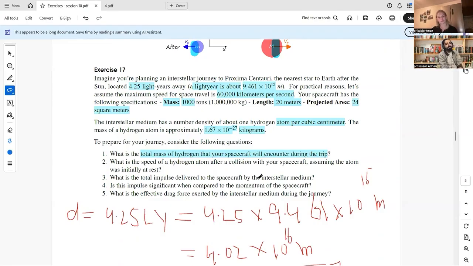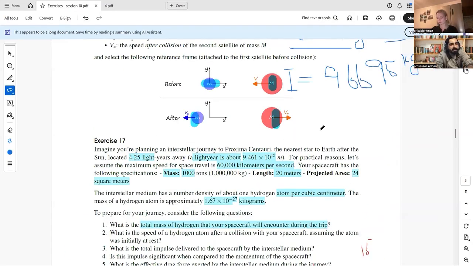Okay, question number 4. Is this impulse significant when compared to the momentum of the spacecraft? We have measured the impulse. Is it significant?